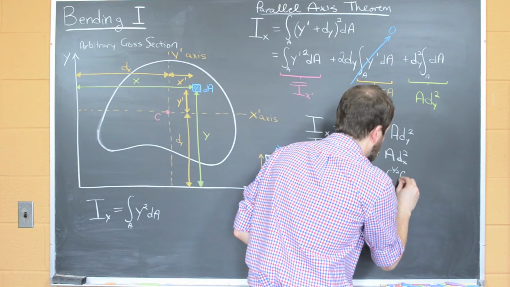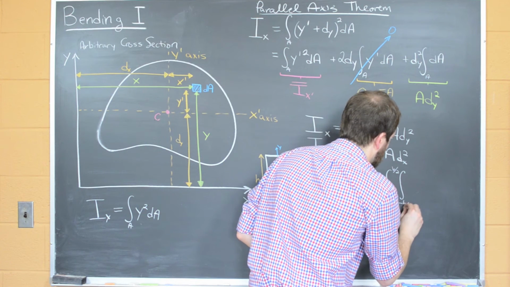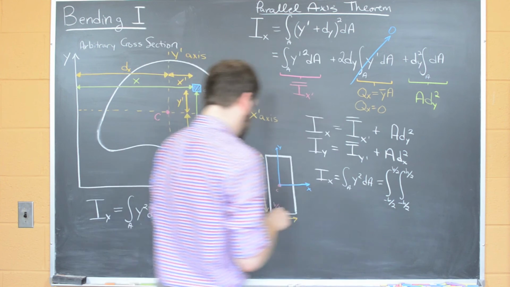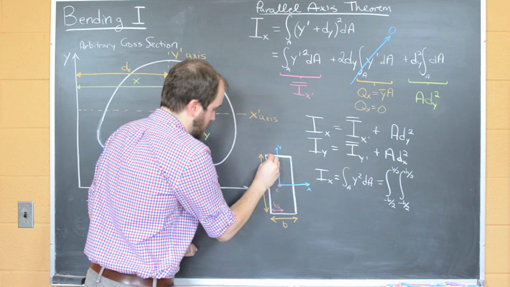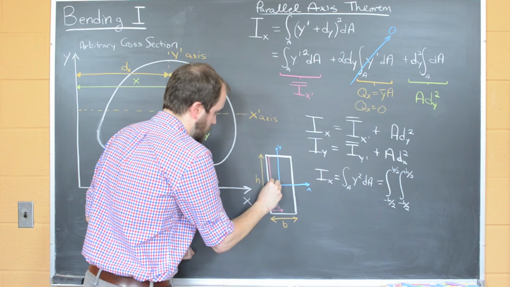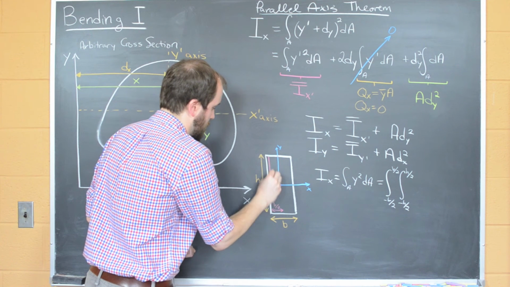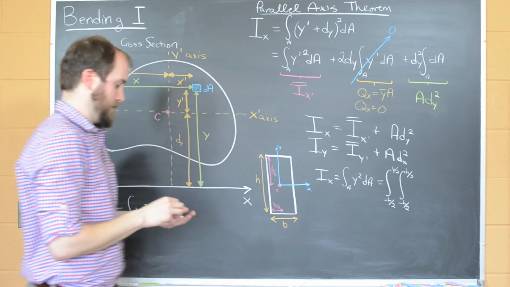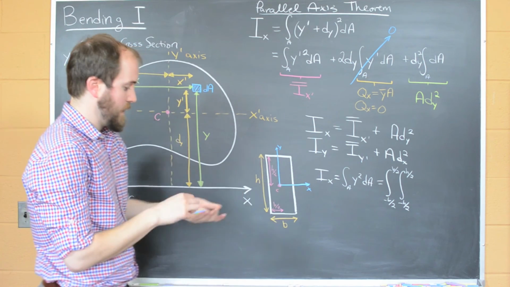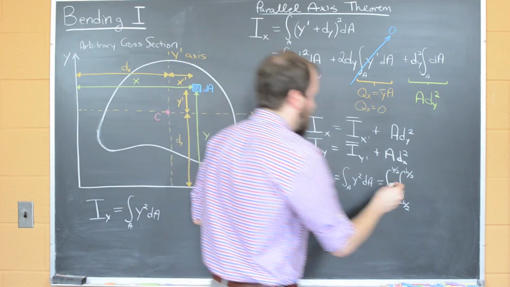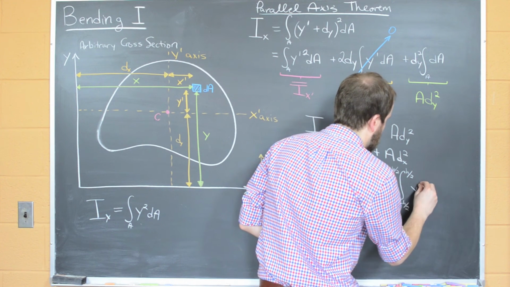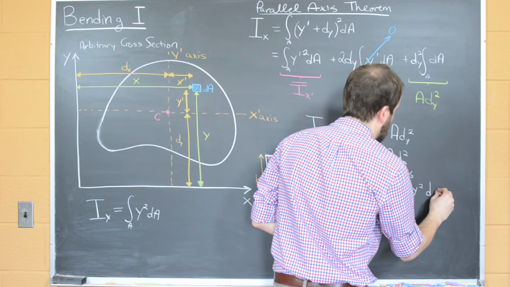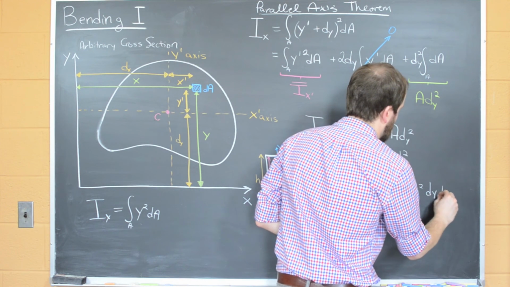Our second integral is going to be the same thing, but in terms of the height, so it'll be negative h over 2 to h over 2. That corresponds to this distance, since this is all because of where we defined our origin. And then we're going to integrate this over y squared dy dx.